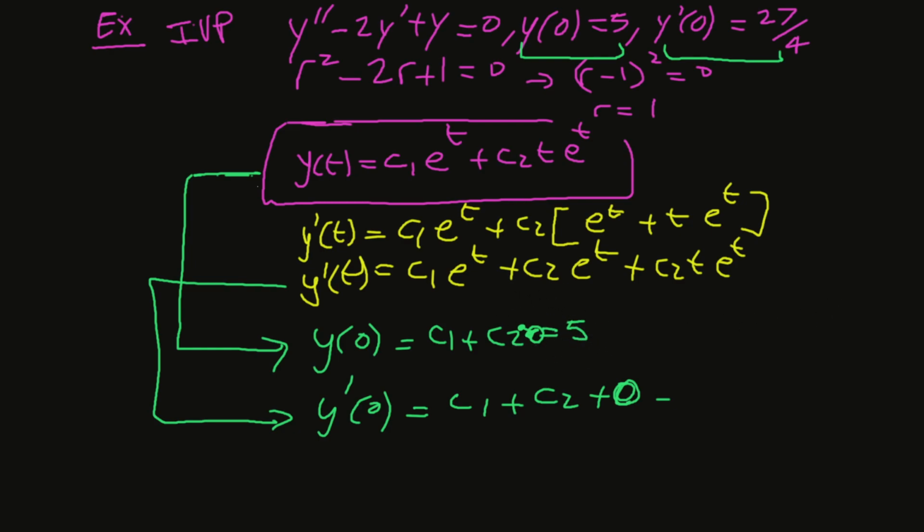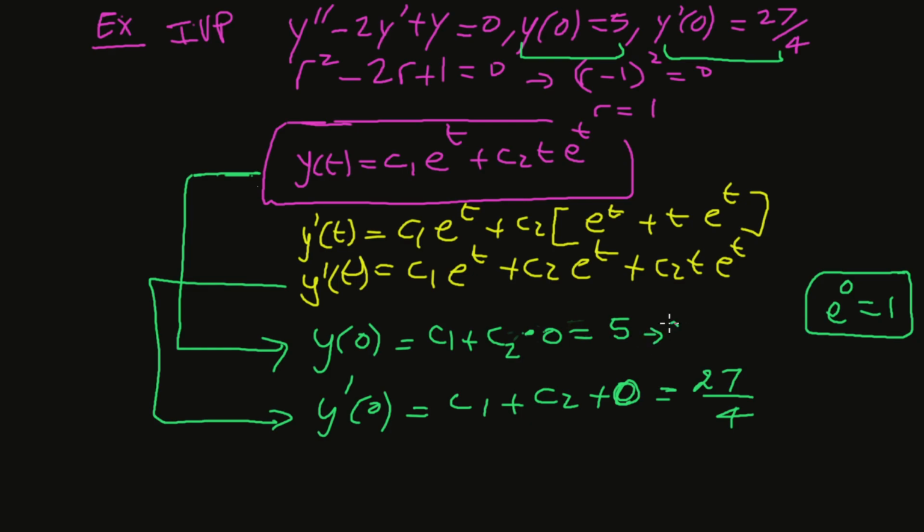It's same idea of e power 0 is 1. But let's show it in a better way. C2 times 0 equal 5 equal to, let's see, 27 over 4.